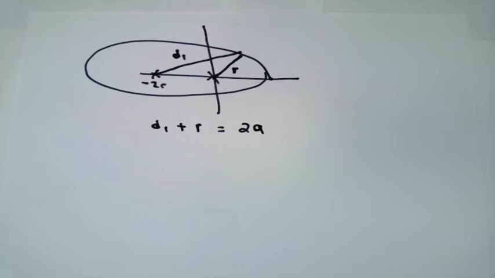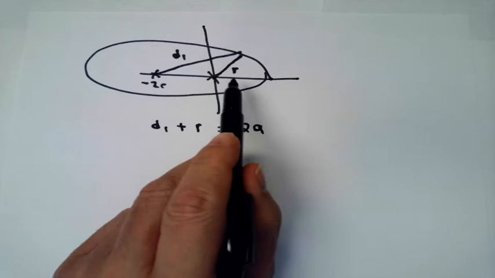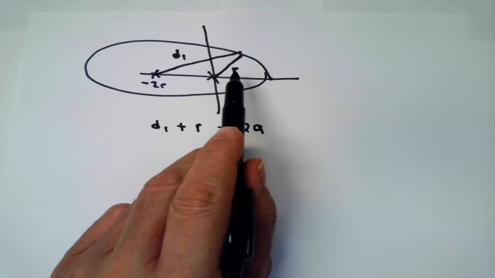In the previous description, if you look at a point on the ellipse and add the distance from that point to one focus, plus the distance from that point to the other focus, you have to get 2 times a. That still must be true, except now one of these two distances is just going to be the r of polar coordinates.